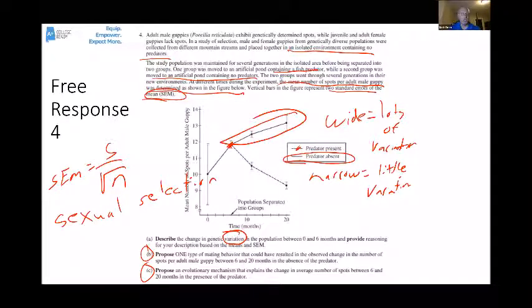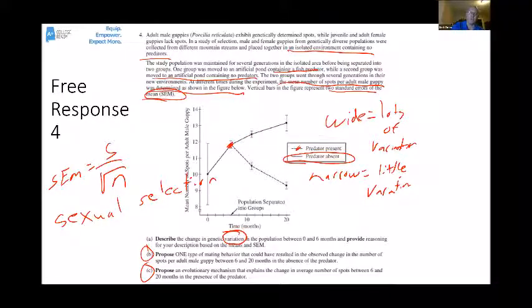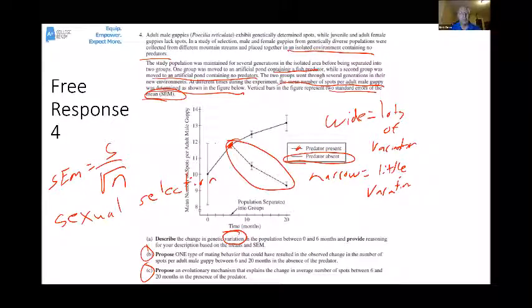And then on C: propose an evolutionary mechanism that explains the change in average spots from 0 to 20 months in the presence of a predator. Well, that's this graph. And notice that when a predator is present, the number of spots drops. And the mechanism here is natural selection.